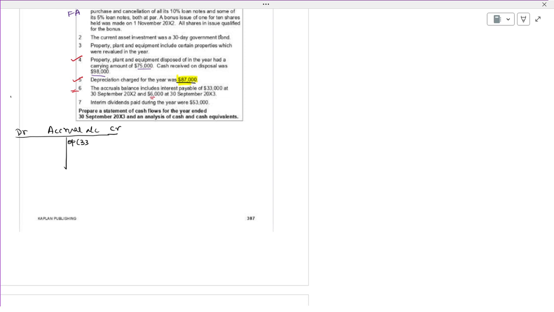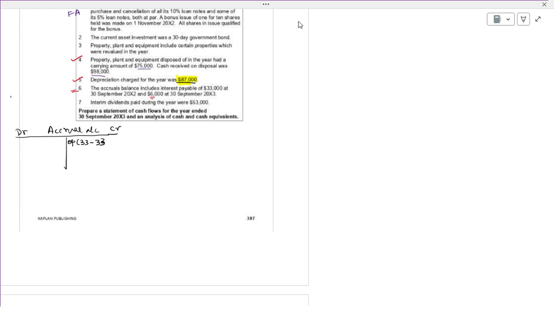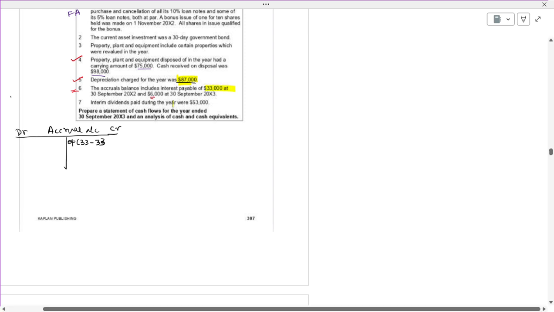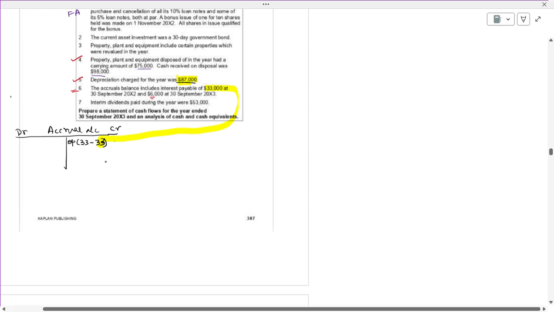They say that in this liability there is an interest. How much interest is there? 33,000.